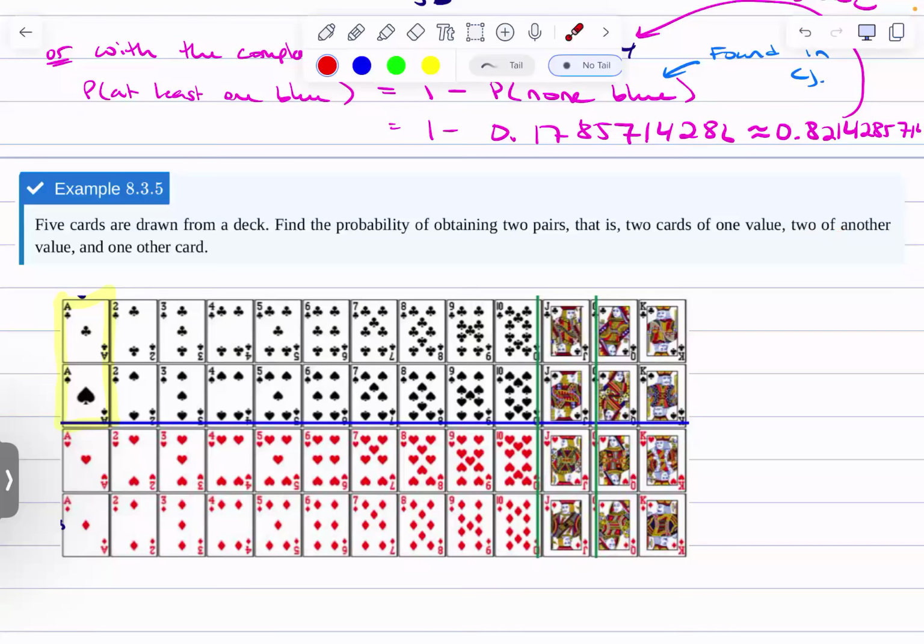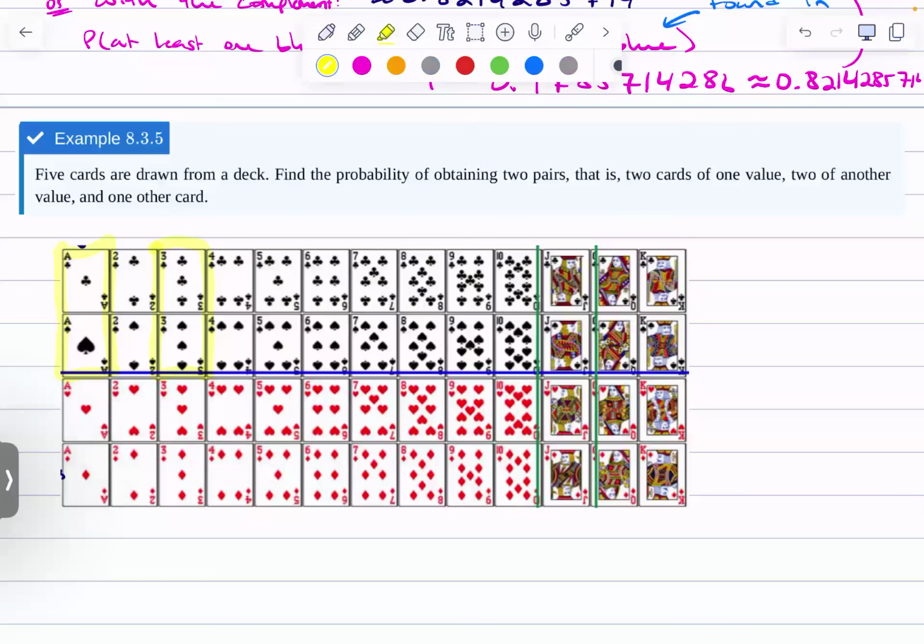Otherwise, you'd have 4 of a kind, which is a different hand. But you could have maybe a pair of 3s, for example. And so what I want to do is consider that special case and then see what we need to do to extend it to all the other pairs.